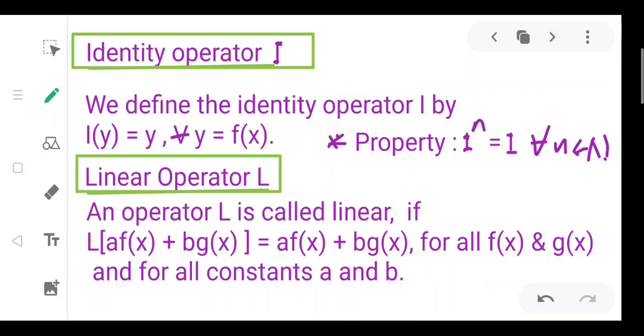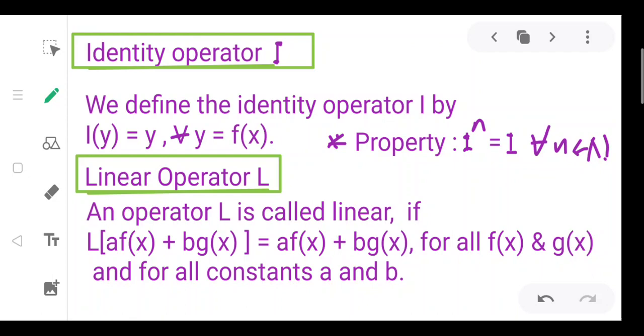Now we can have the identity operator. You know what an identity function is? An operator is just like a function. We define the identity operator I by I of y equal to y for all y equal to some function of x. That means we are getting the same image as the object.